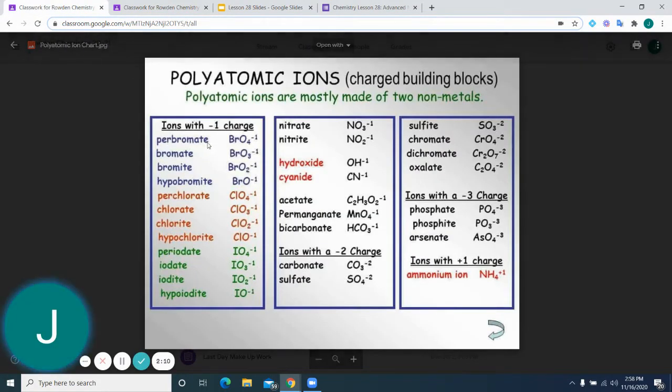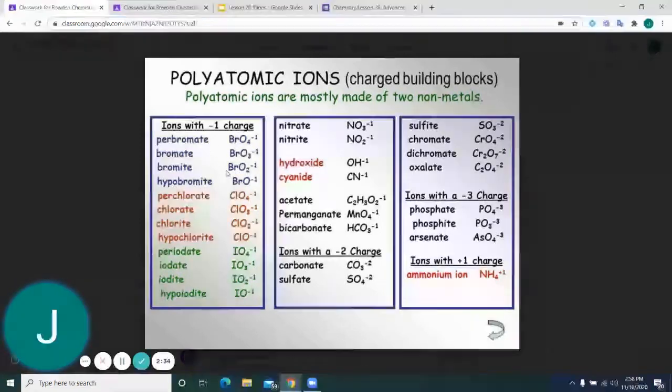You have perbromate, that has the most oxygens. Then bromate will have 3 oxygens. Then bromite has 2. Then hypobromite has 1. It's not that perbromate tells you that per and -ate tells you 4. It just means that out of the 4 options, perbromate will have the most. Bromate has the second most. Bromite has the third.